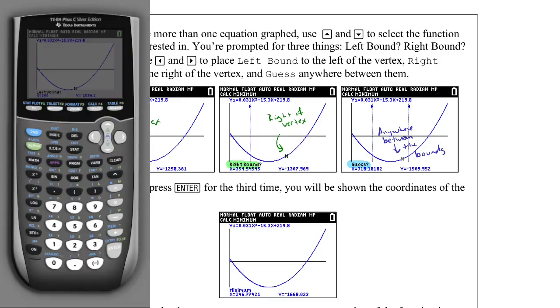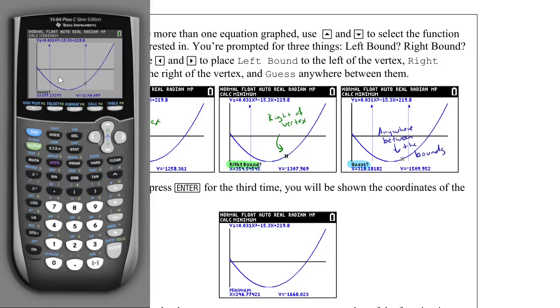So let's actually do this on the calculator. Left bound, I'm going to use the left arrow till my cursor is somewhere to the left of the vertex. Doesn't really matter how far away it is because we just have the one minimum here. Right bound, now I'm going to press the right arrow until my cursor is to the right of the vertex.